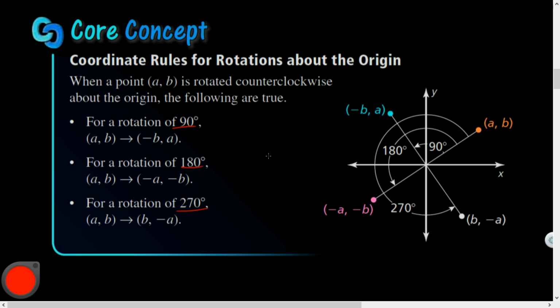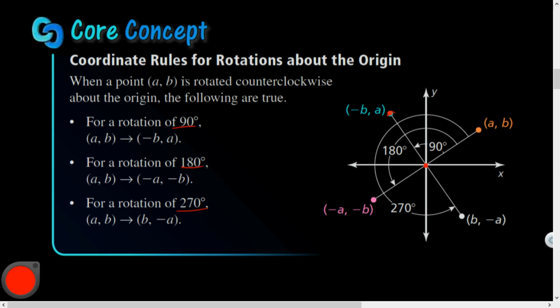So coordinate rules for rotations about the origin, which is also for a very particular center of rotation. Notice this, when rotating 90 degrees about the origin, AB would land here. That's a 90 degree rotation. And notice I could have gotten that by swapping A and B and making B negative. I don't think that's what you would have expected.